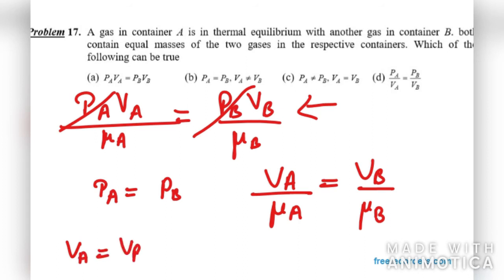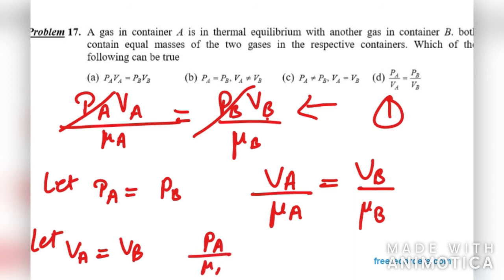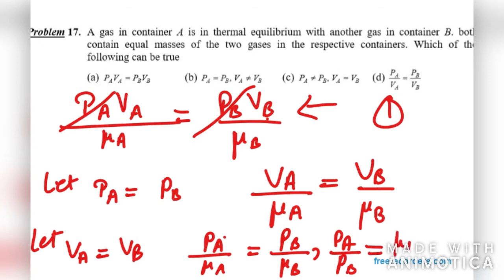So you are left with PA over mu A equal to PB over mu B. Now if I rewrite this, PA over PB is equal to mu A over mu B. It can't be equal to 1, because mu A is not equal to mu B, so PA is also not equal to PB.